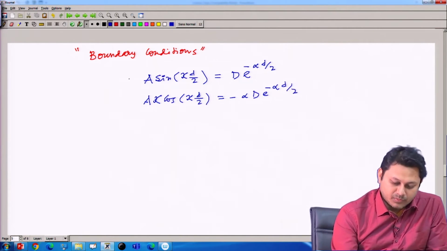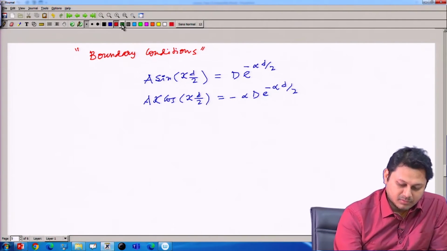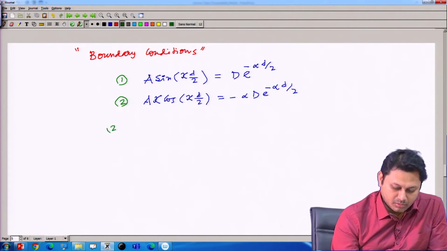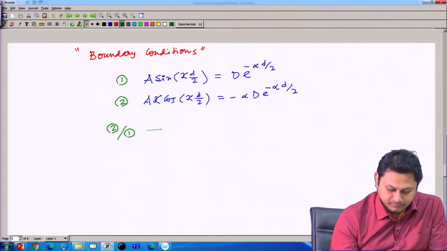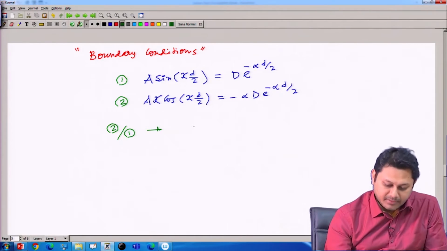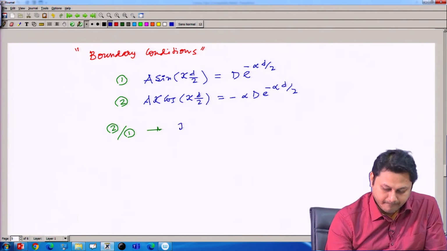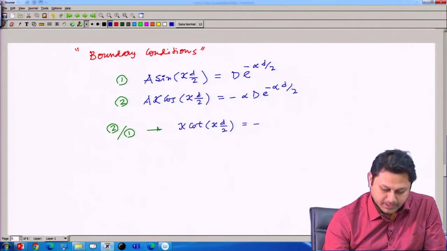So, I have two equations using the boundary conditions. This is 1 and this is 2. Again by dividing 2 by 1, I can have kappa cot of kappa d by 2 is equal to minus alpha.